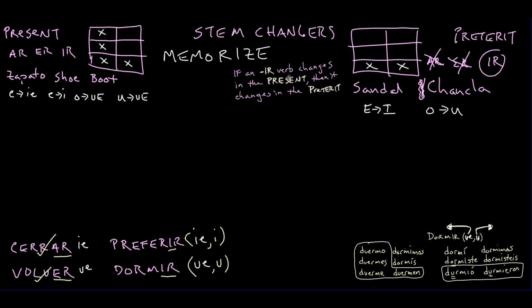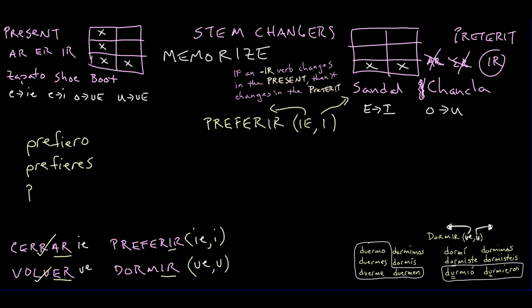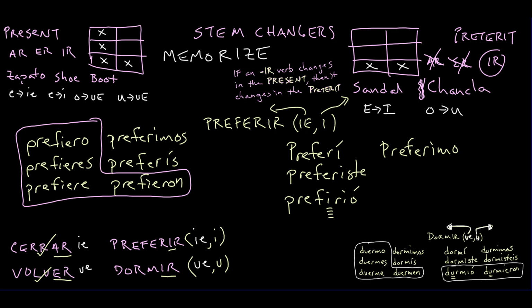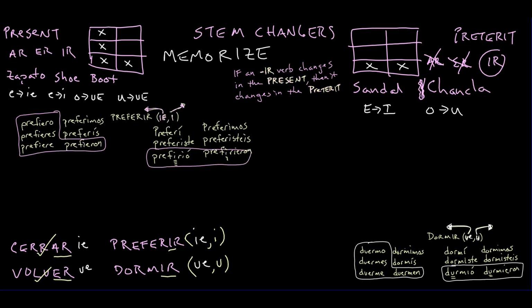So we have preferir, IE, I. That's going to say in the present, it's E to IE. In the preterite, it's E to I. Prefiero, prefieres, prefiere, preferimos, preferís, prefieren. Preferí, preferiste, prefirió. See that one right there? Preferimos, preferisteis, prefirieron. So it changes again.